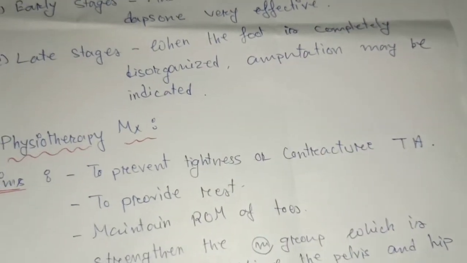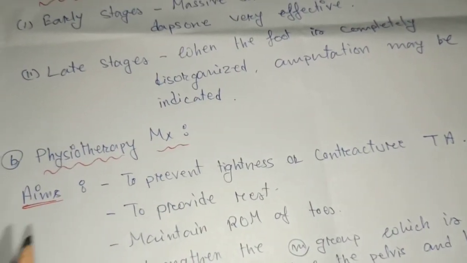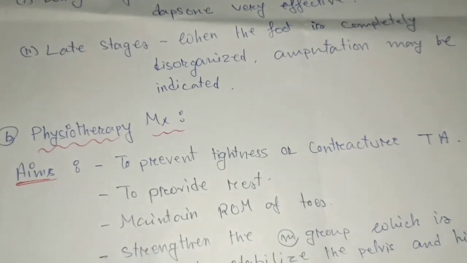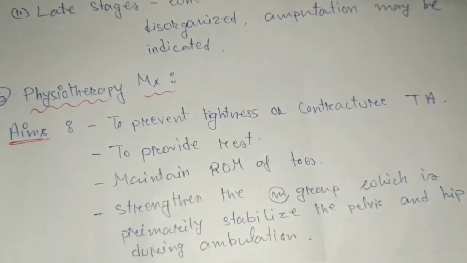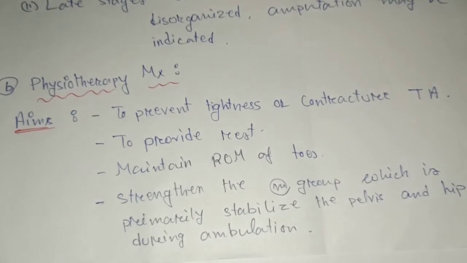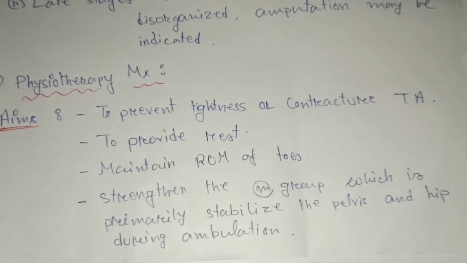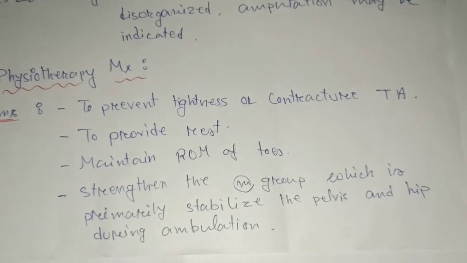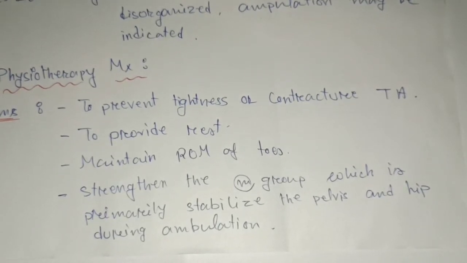Then we discuss the last topic, the physiotherapy management. In physiotherapy management, first we set the goals, aims or objectives. The first objective is to prevent tightness or contracture of the tendo Achilles.